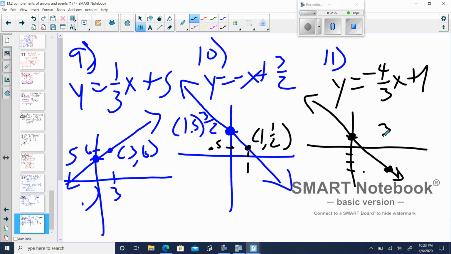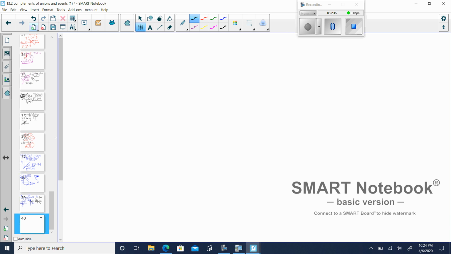So that's going to be 3, -3 right there. Plot your y-intercept first and then follow your slope: down 4 over 3. Guys, that's a bit of practice. We are rocking and rolling through this thing.